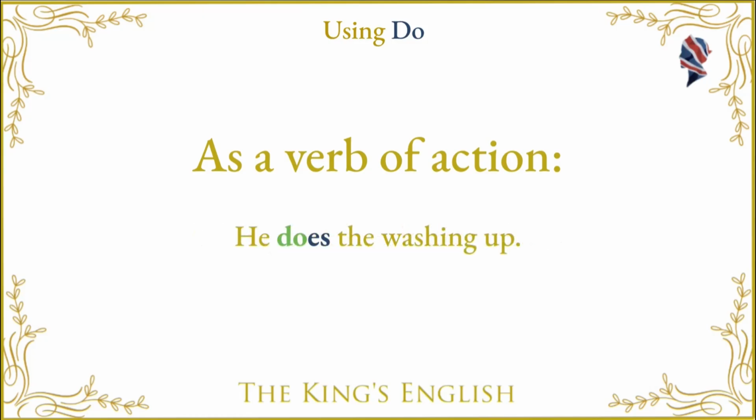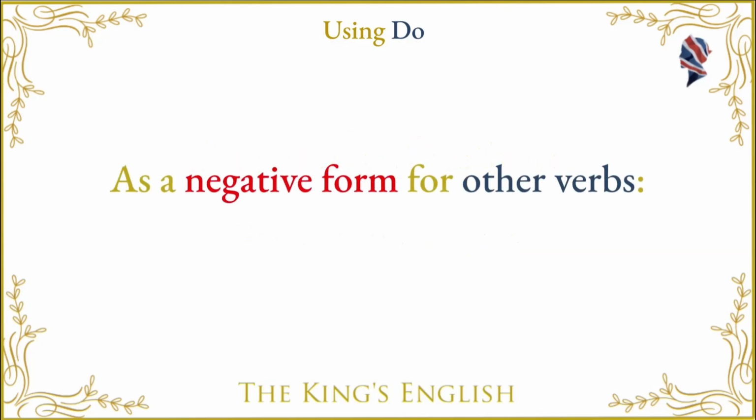He does the washing up. As we have seen, the verb do can be used as an action verb, but today we are focusing on do as an auxiliary verb. Using do as a negative form for other verbs.